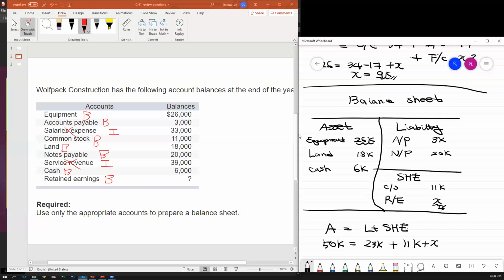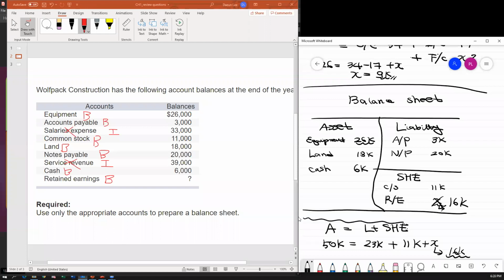In order to solve for X, that's 27, okay, so that's 16K. Simple math. So instead of reporting X, we report $16,000 under retained earnings.